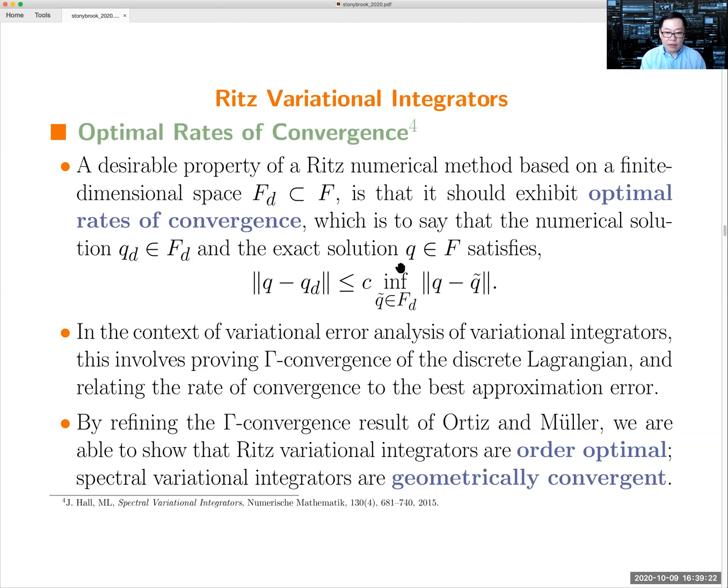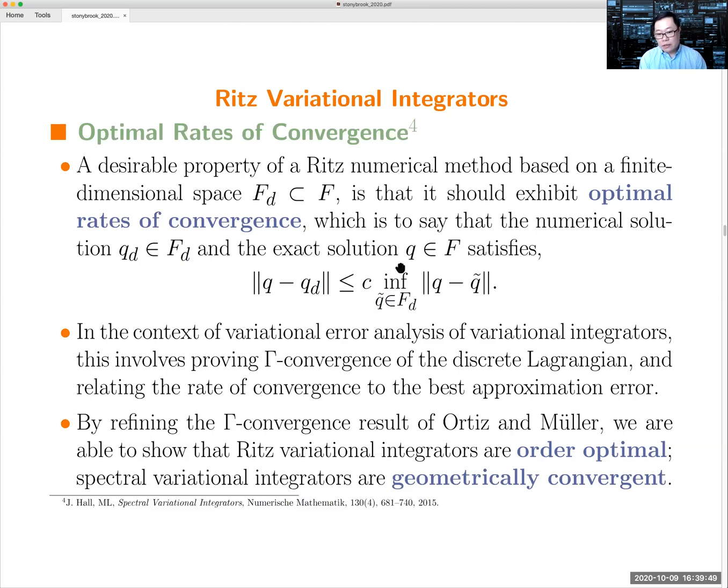So for example, if you have a spectral method, you probably know that spectral methods converge really, really fast. They converge geometrically, and it has to do basically with the fact that if you have a real analytic function, then the approximation by a spectral basis has an error which decays geometrically.